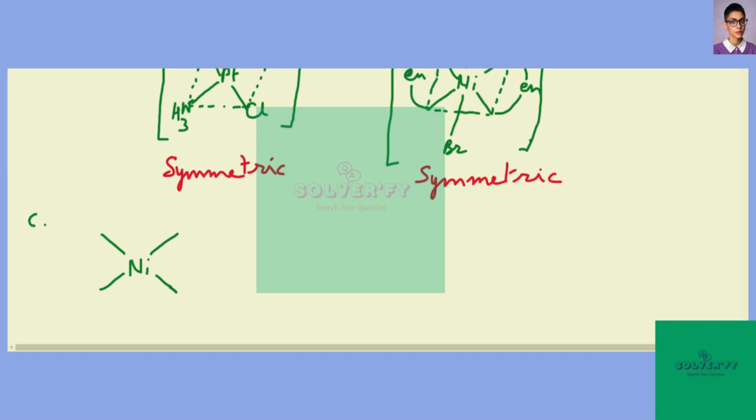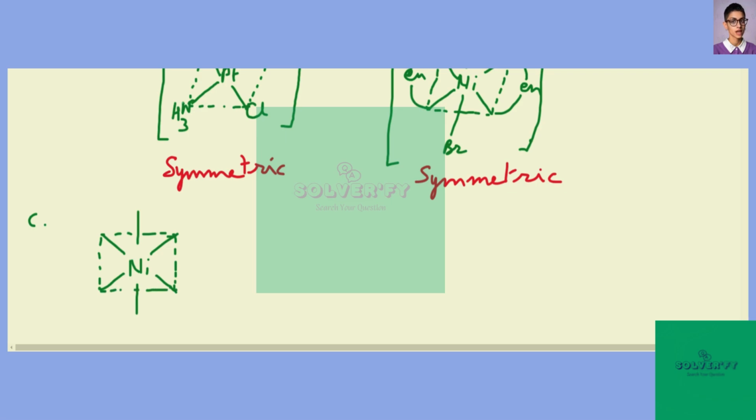And 2 Br, that means the cis isomer is given. One bond should be above the plane and one should be below the plane, and this is the octahedral complex. These four bonds and the central metal atom should be in the same plane.